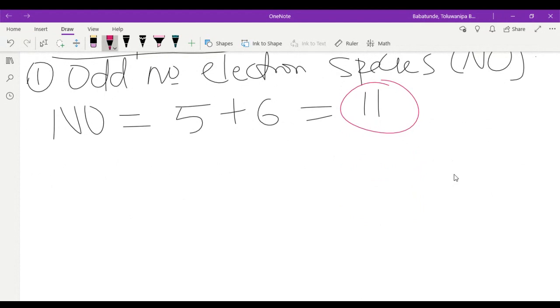Because if you draw the Lewis structure for NO, we have 5, and this one has 5 valence electrons. So this is going to be 11.